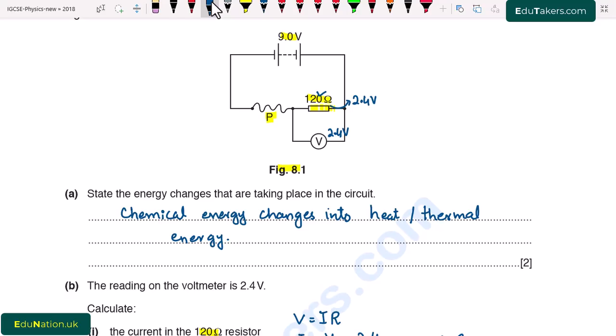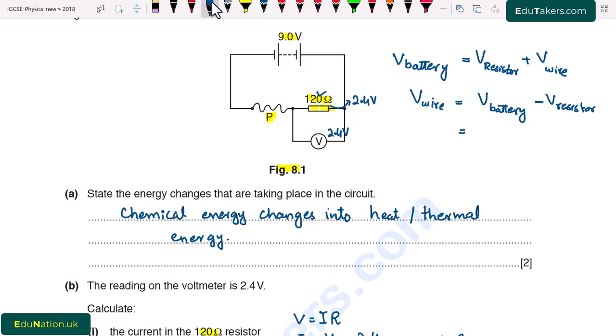So I write here potential difference of battery will be equal to potential difference of resistor plus potential of wire. Here we have to find the potential of wire, so it will be equal to V of battery minus V of resistor.